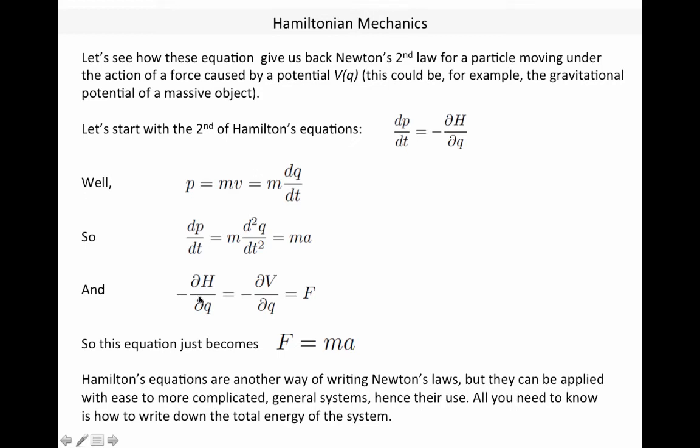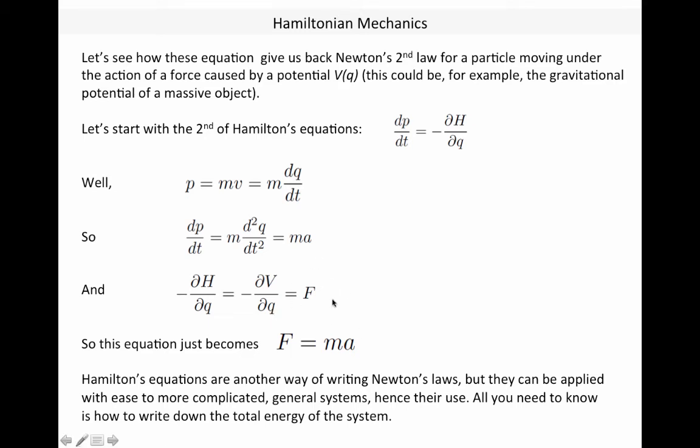Now, on the right-hand side, minus dH by dq is just equal to minus dV by dq, because only the potential energy depends on the position q in this case. The kinetic energy, remember, depends only on momentum.